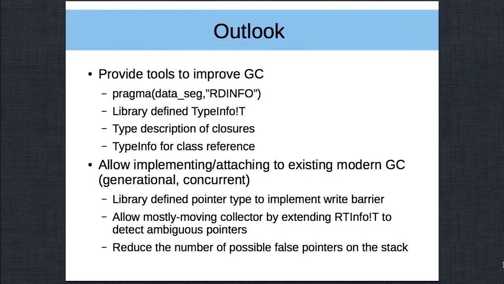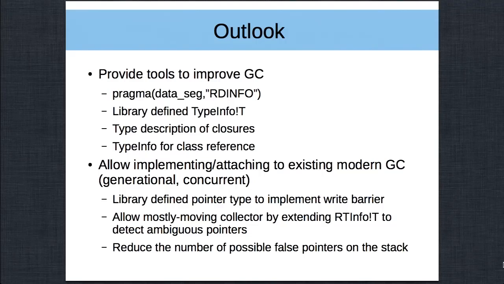Regarding the RTinfo, this is currently only just a void pointer. But there are also already other people using this for other kinds of information to generate at compile time. So it might need to be extended somehow.